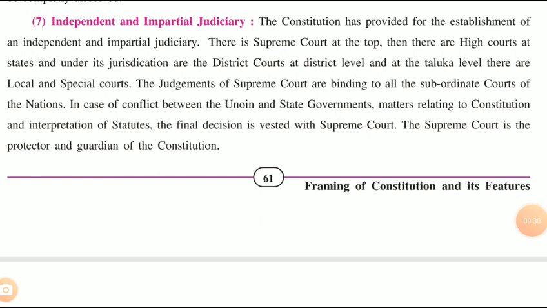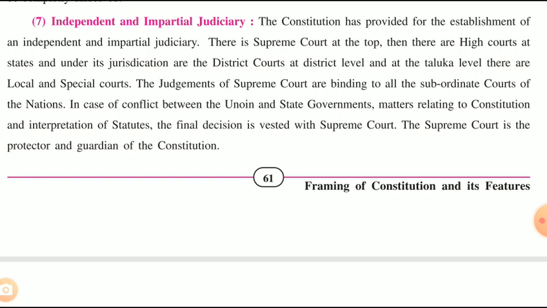Seventh feature is independent and impartial judiciary. Our constitution has defined a well formed and well organized judiciary system. The judiciary system is a system that punishes the people who do not follow the rules and regulations formed by the legislative assembly.